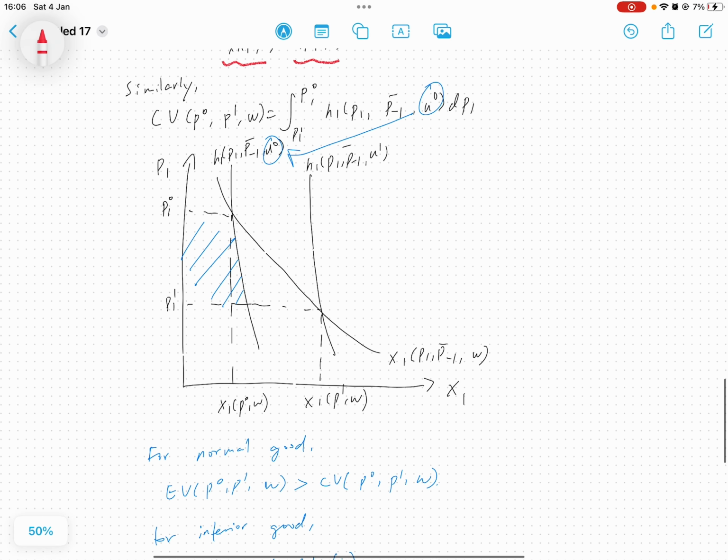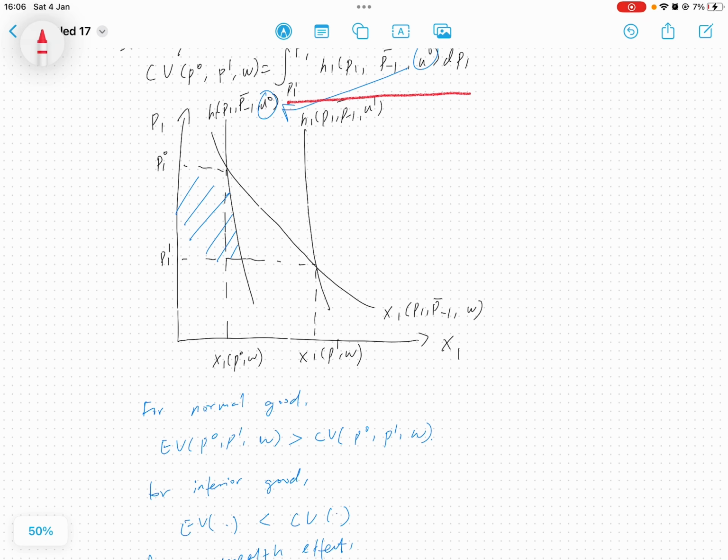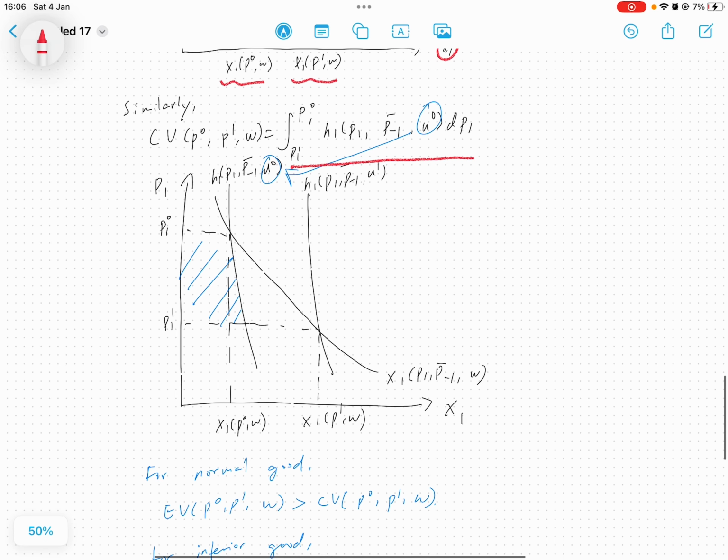Similarly, we'll just skip the steps for deriving the CV. Correspondingly, CV can also be represented by the Hicksian demands. But here in the picture, the area under the H1 function taking U0, under this curve, is this shaded area, and that will be the integral to obtain this CV.